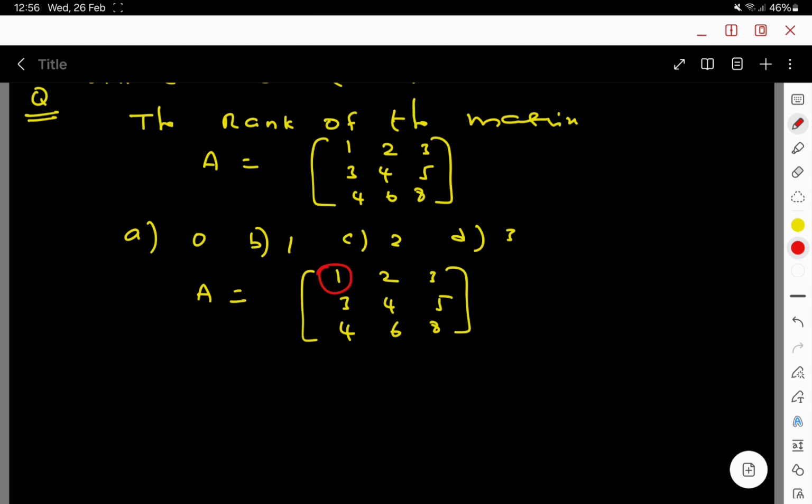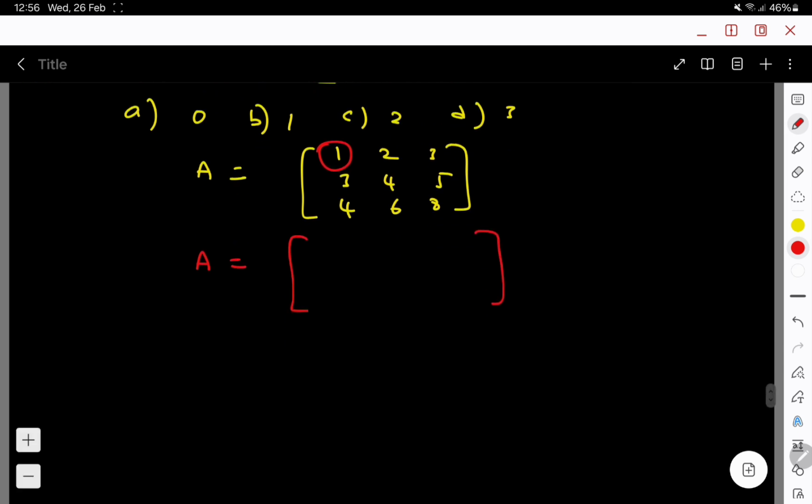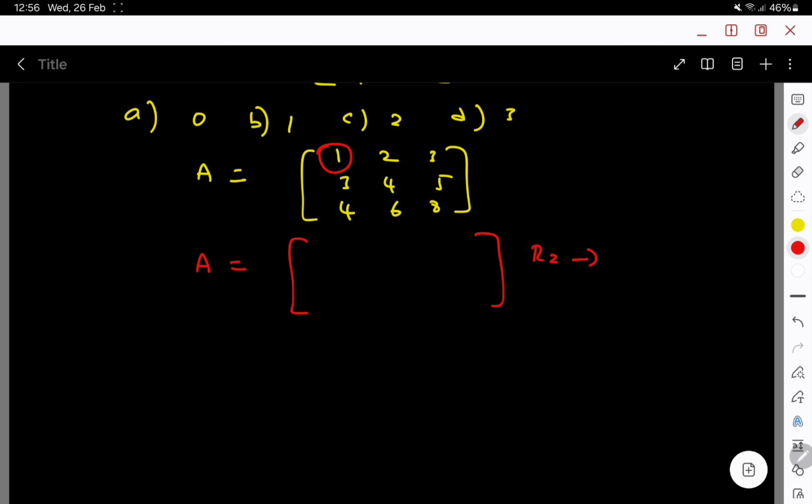So to change into echelon form, note that all the entries below the leading entries are always 0 in the corresponding column. That is called an echelon matrix. So I am using the elementary row operations. First elementary row operation is R2 implies R2 minus 3R1.